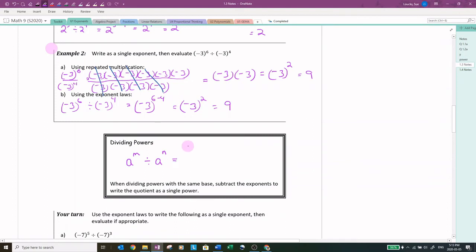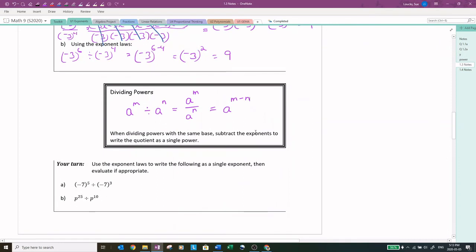And then I like to write it as a to the m over a to the n to remind you that those both mean the same thing and also to remind you about how the canceling works. Okay, and that equals a to the m minus n. Okay, take a minute, pause the video, do these questions, and then come back and check your answers.